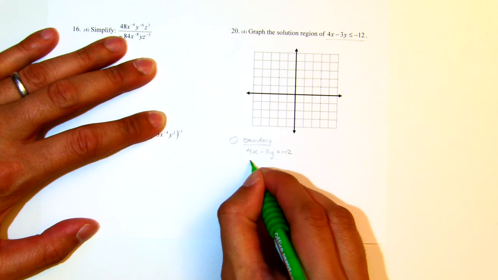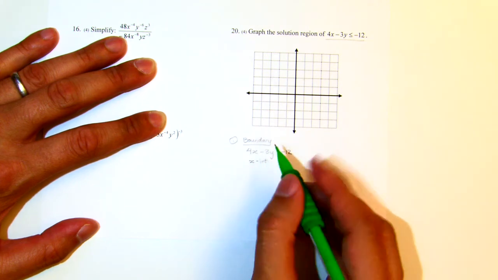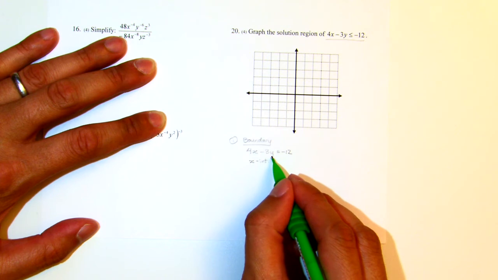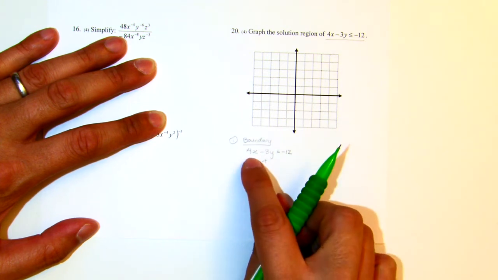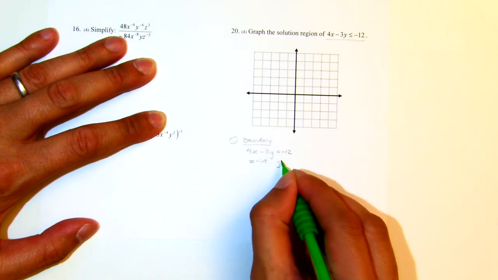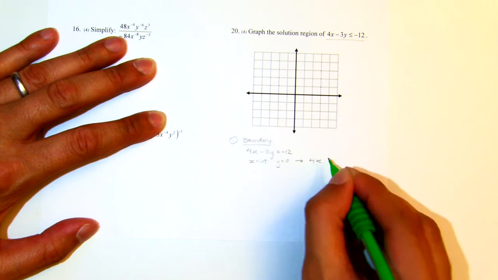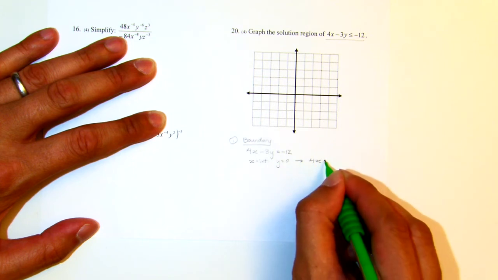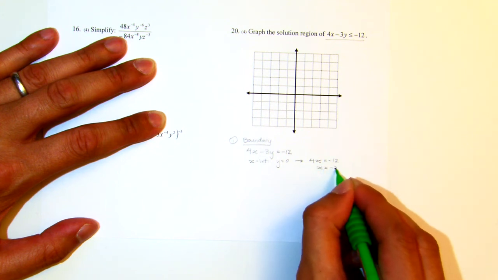If I try to find the x-intercept, I hope you remember, the x-intercept is when y equals 0, right? When y equals 0, we will have 4x equals -12, x equals -3.